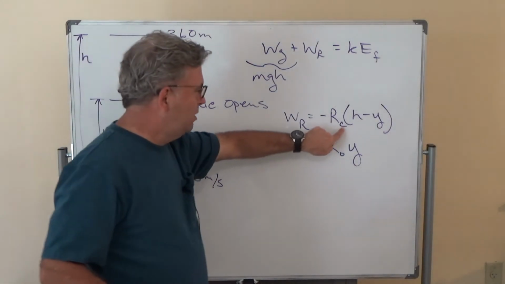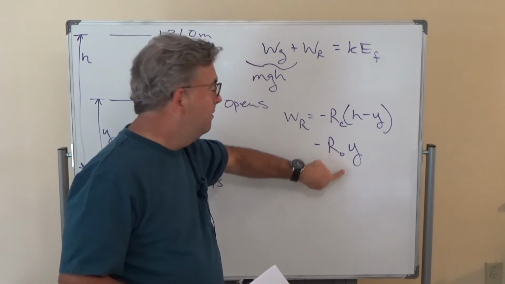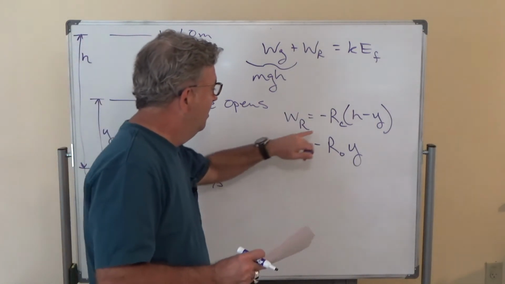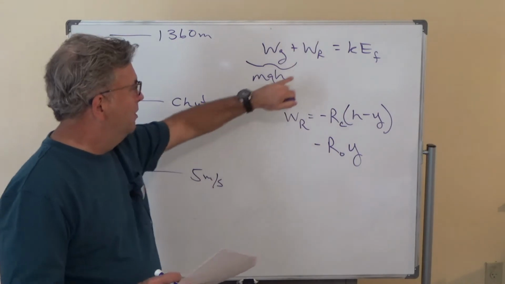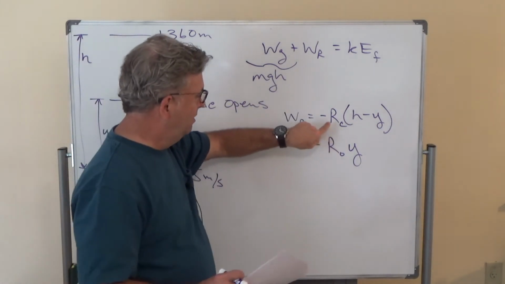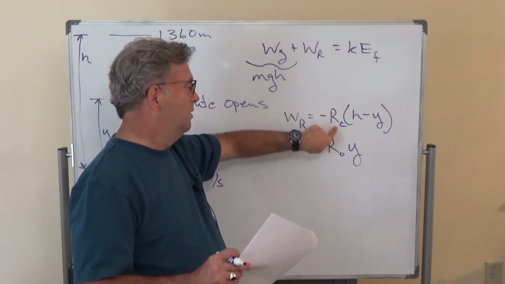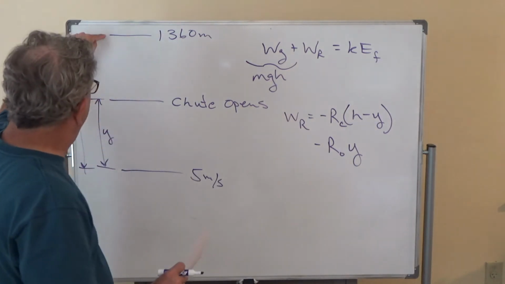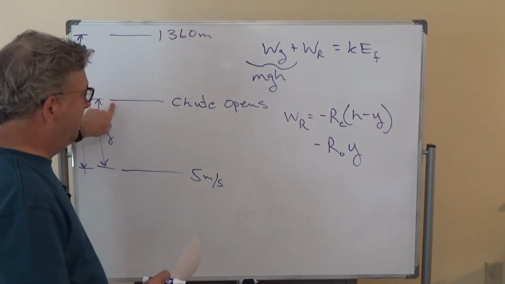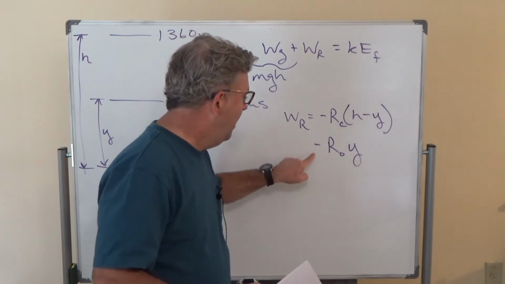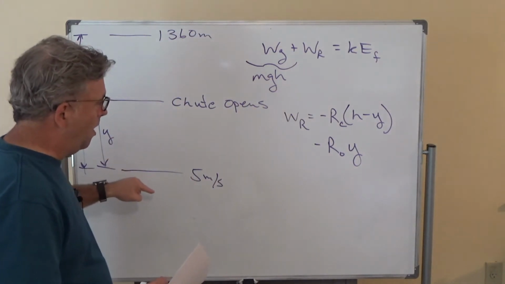Oh, that's closed. That's open. I don't even know my own notation. So the work done by the retarding force in this section is negative the retarding force with the chute closed, and that distance is H minus y. Then you have with the chute open, and that is this distance y.